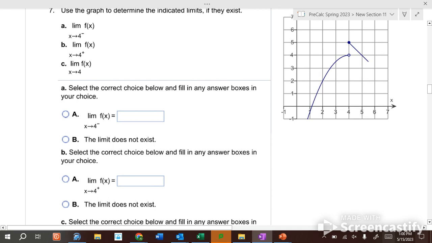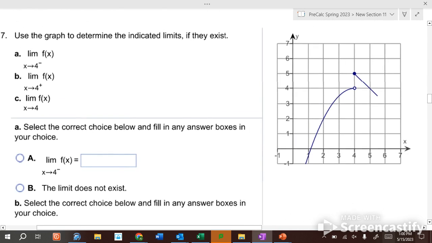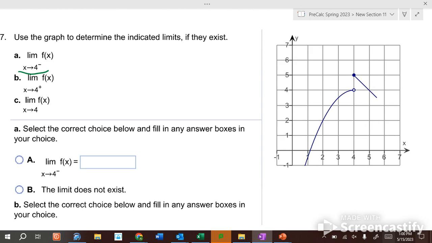Now we're going to look at left-right limits. This is as we're coming from the left. If it has a minus sign there, that's coming from the left. So as we're coming from the left towards 4, where am I approaching a y value of? 4.